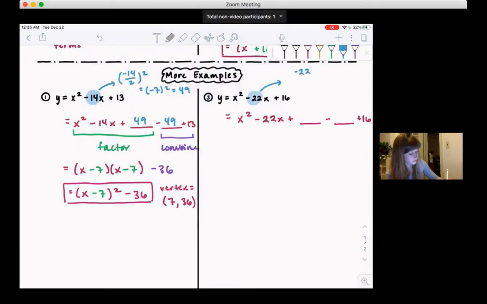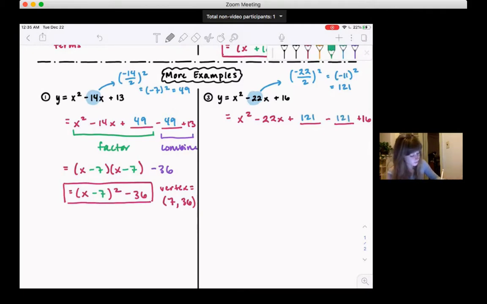So minus 22 over 2, square it. That gives us minus 11 all squared, which is positive 121. Be careful with that. When you square a negative, you should get a positive number, because a negative times a negative is a positive. So we're going to add 121. Then since we add a number, we're also going to take it away so we don't change our function.